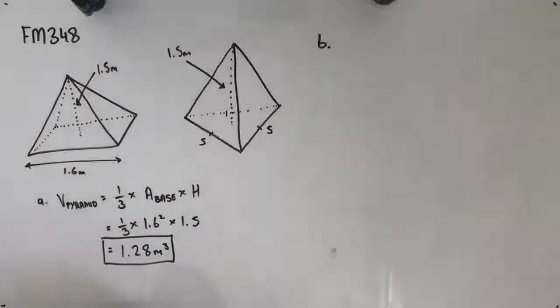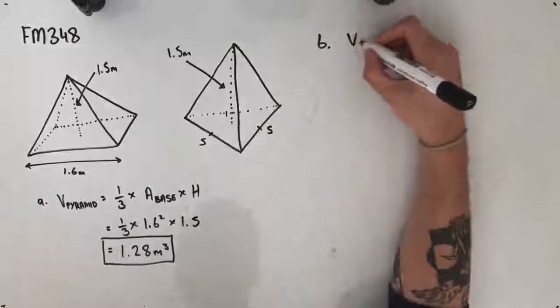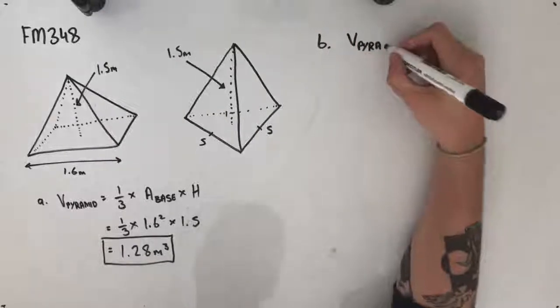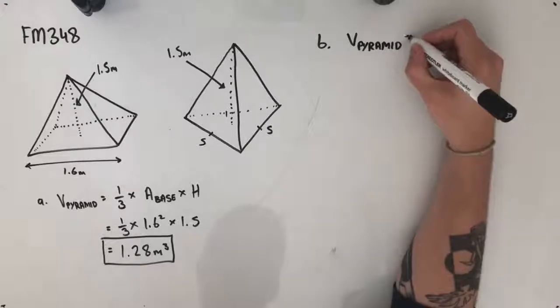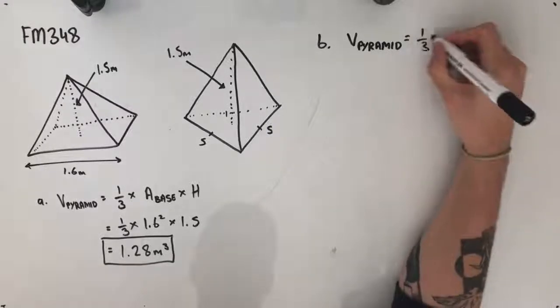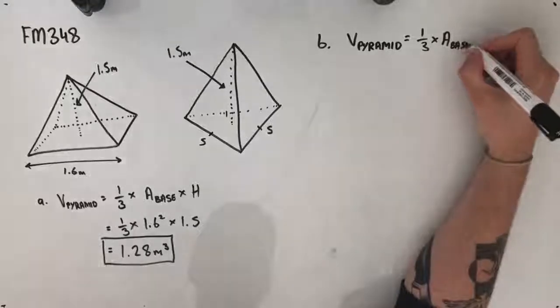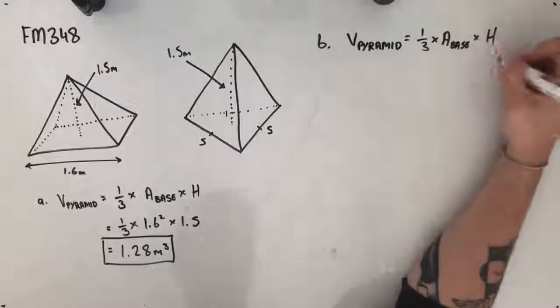Part B then says, what is the area of the base of the tetrahedron tent? Round your answer to 2 decimal places. Funnily enough, we're going to use the same formula once again. The volume of the pyramid is equal to 1/3 times the area of the base times the height.